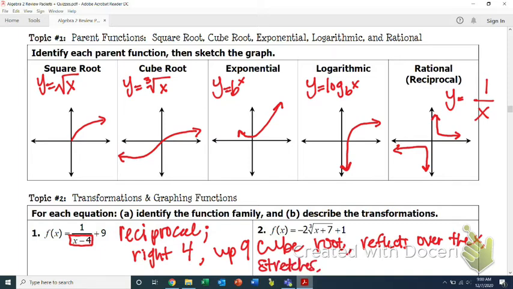The x minus 7 under the root is the horizontal component. By looking at it, you know it means it goes left 7. And then that positive 1 on the outside means that we go up 1.